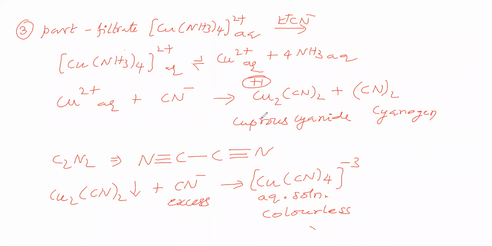So the cuprous cyanide is a white precipitate. With excess cyanide it gives an aqueous solution, which is colorless, with the formula Cu(CN)4 3-. To this solution, H2S gas is passed.